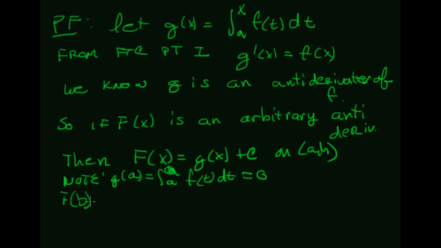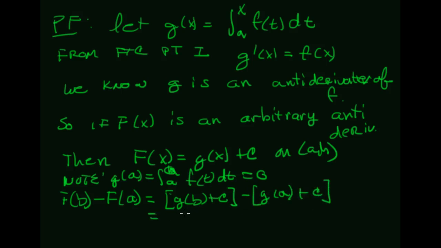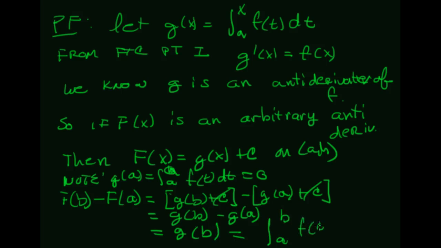Then big F of b minus big F of a, the difference of the two antiderivatives, has to be g of b plus c minus g of a plus c, which is just, well, the c's fall out, so that's just g of b minus g of a, which is just g of b, which, well, let's see, that's equal to the integral from a to b of f of t dt, and there we are, we've proven it.